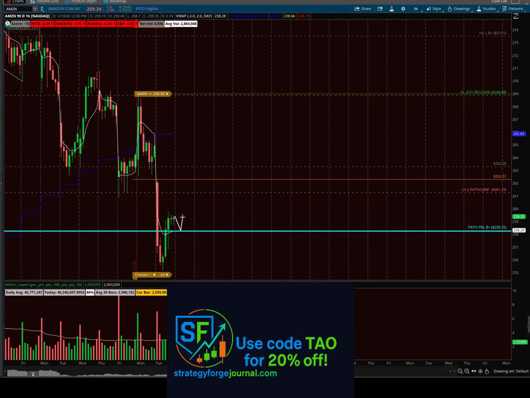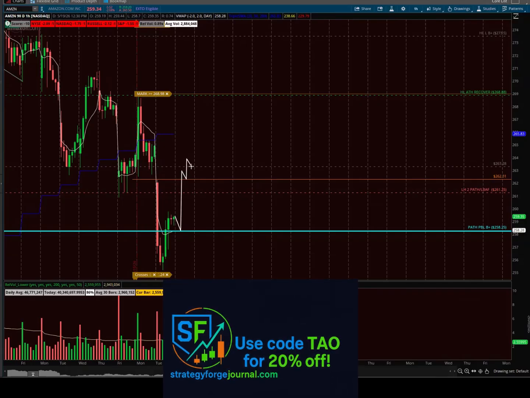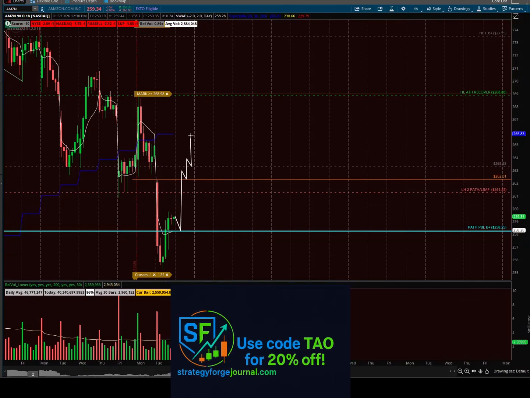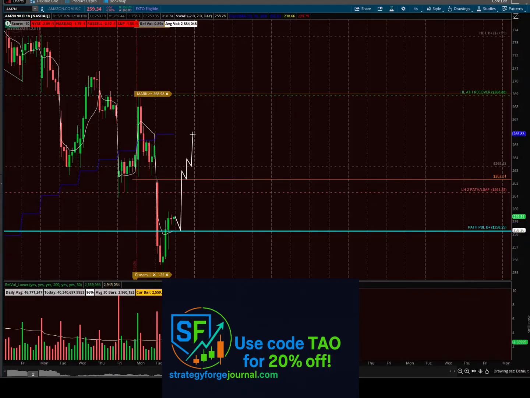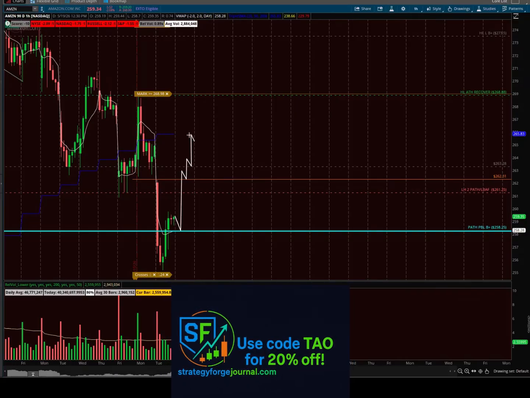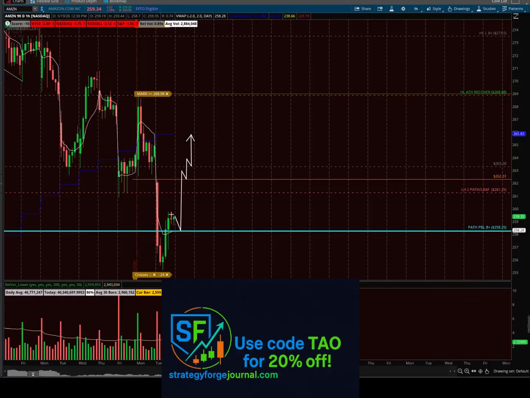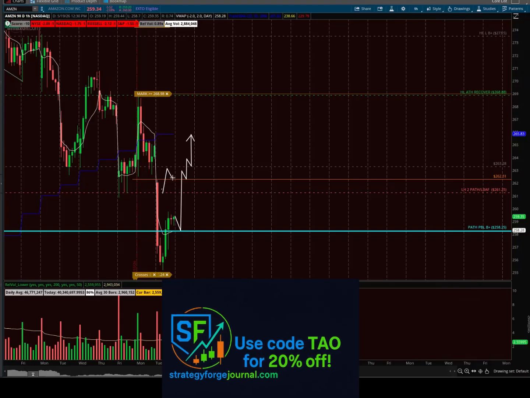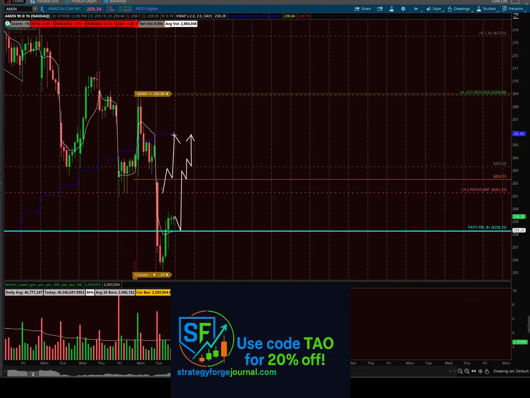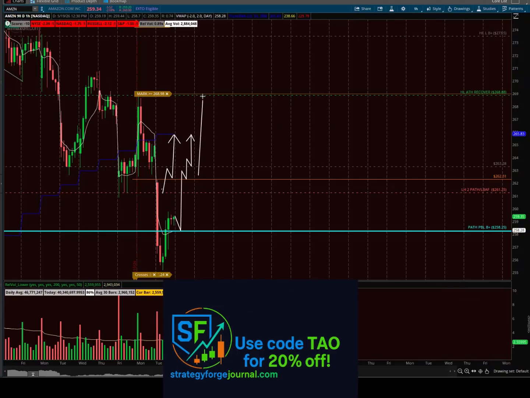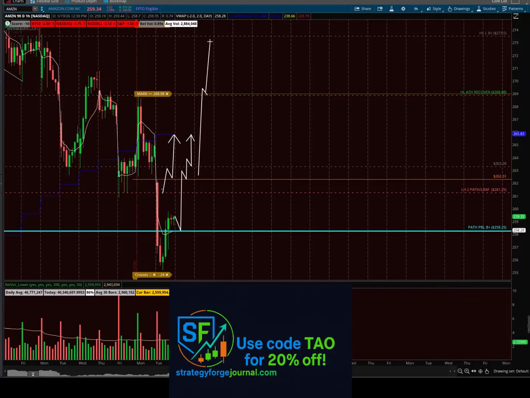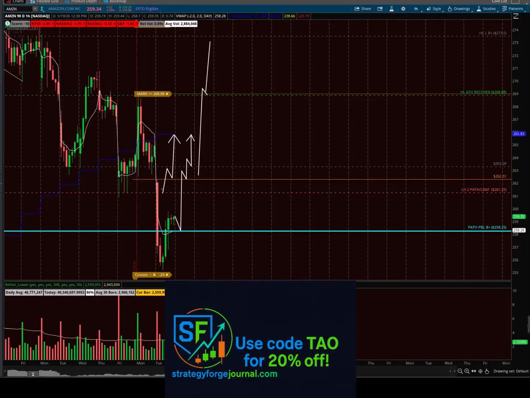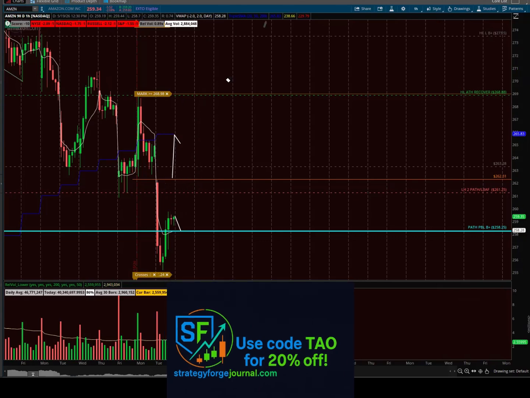The first option would be a pullback to 258.25, higher low over yesterday's high of day, maybe a higher low above this 263.28, and come up, hit this 20 SMA, something like that. Or let's say we open near the highs, higher low above yesterday's high of day, probably target the 20 SMA. If things are super bullish, target higher, maybe try to hold it all the way to all-time highs. I don't know, but for me, just day trading, I'd probably just try to target the 20.